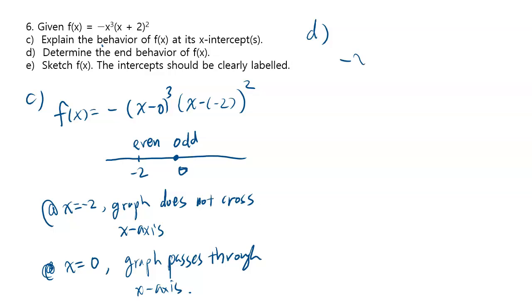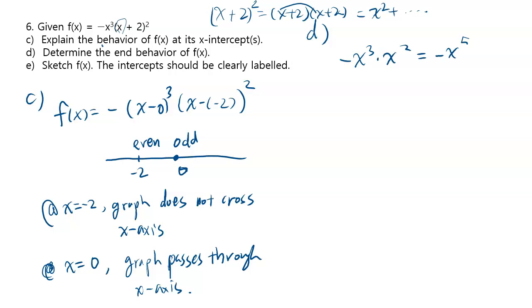You get negative x cubed, and then when x plus 2 squared is written as x plus 2 times x plus 2, then the FOIL will create x squared, and then you're going to have other terms, right? So the leading term, the highest order term produced by x plus 2 squared would be x squared, and multiplying that by this other one will give you the leading term as negative x to the fifth.